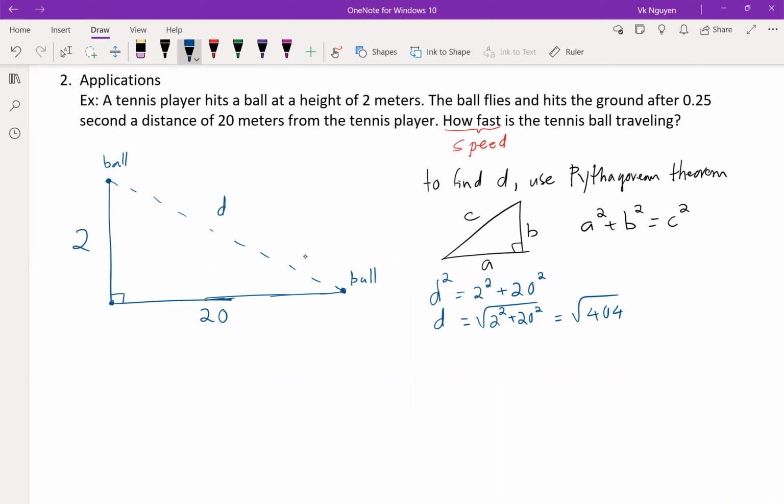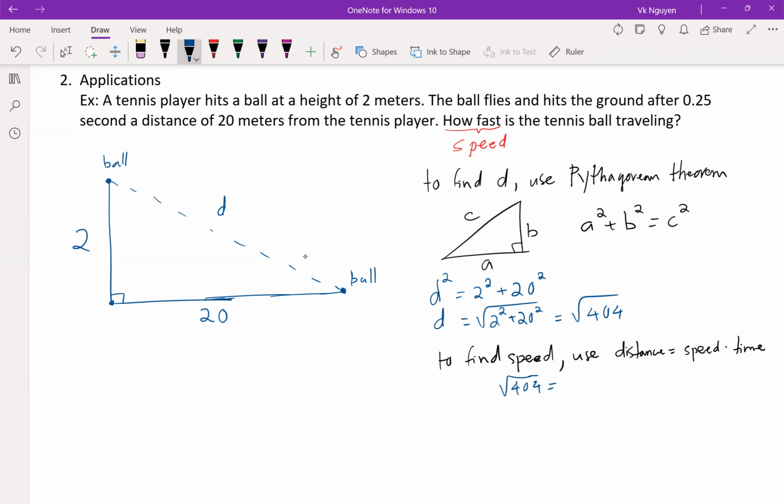Okay, next step is to move on to the speed. From physics, to find speed, use distance equals speed times time. We know distance is root of 404.